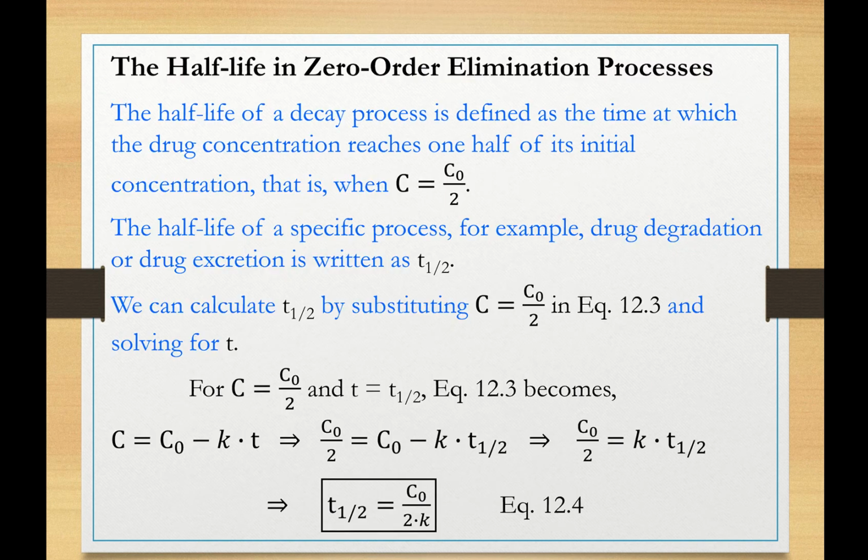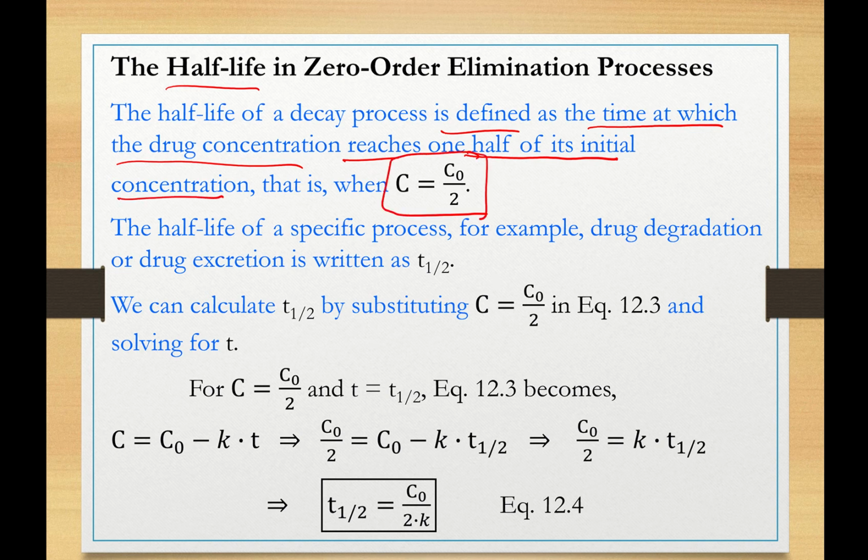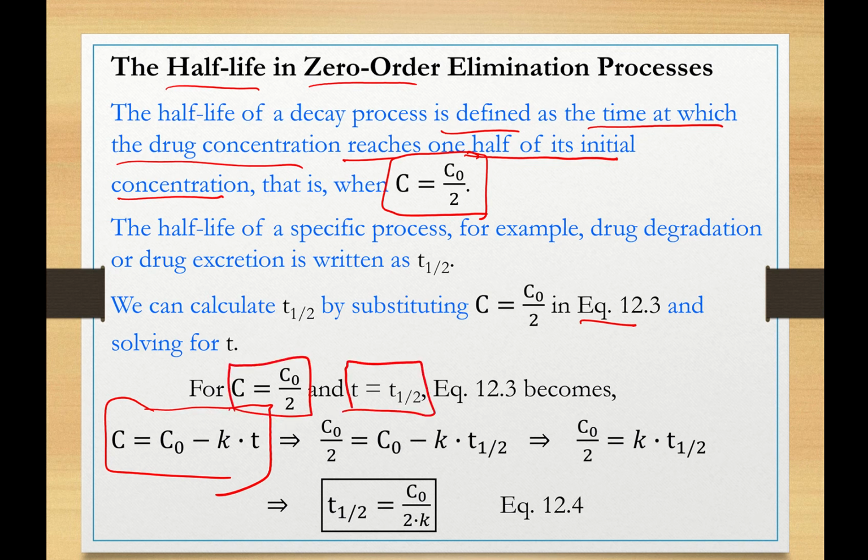So let us now discuss the half-lives. Half-life is defined as the time at which the drug concentration reaches 1/2 of its initial concentration, that is, when C is equal to C0 over 2. If this is an elimination process, I'm just going to use my equation 12.3 and substitute C equal to C0 over 2 when T is equal to T-half.